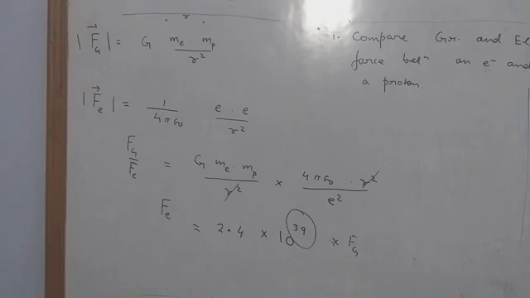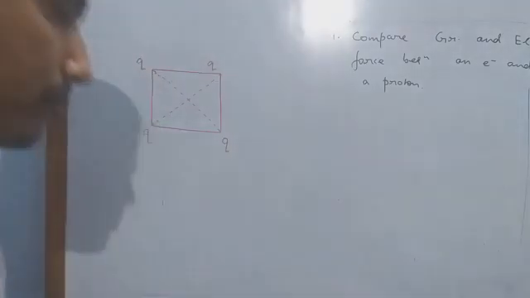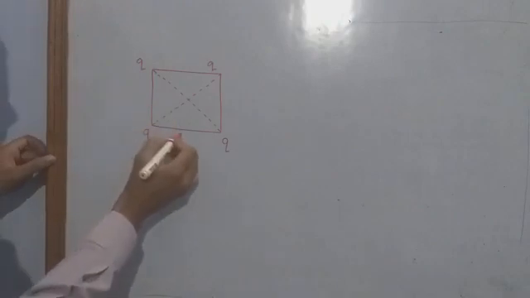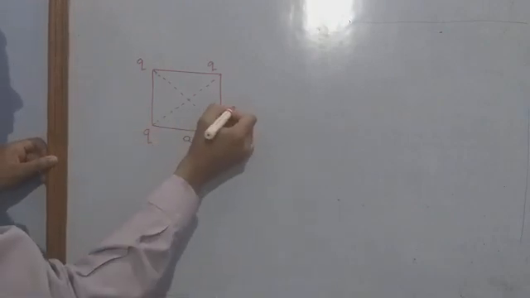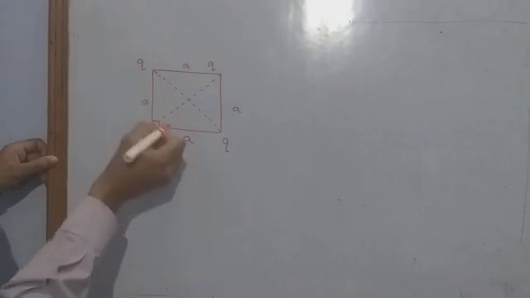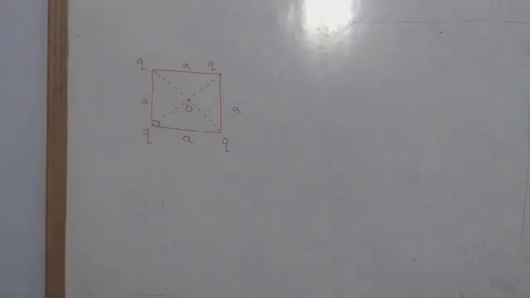Okay, so are you ready for the next question? So let's discuss our next question. The figure is shown on the board. Here you can see there is a square. Each side of the square is A. This is the center of the square, O. 4 point charges, small q each, are placed at the corners of this square.